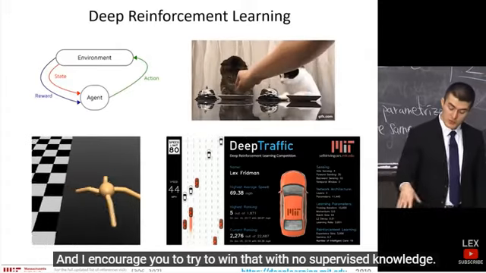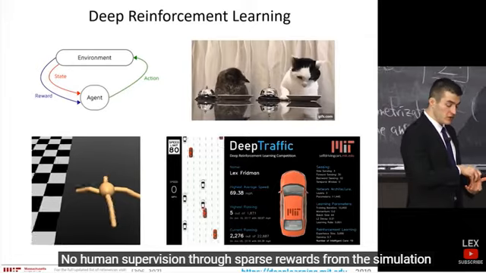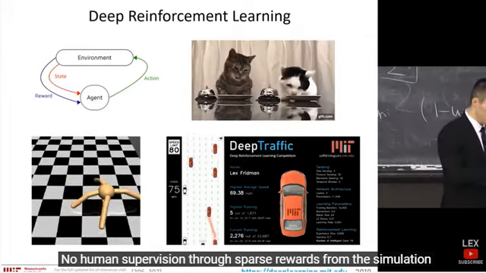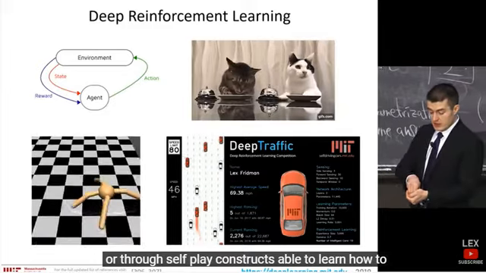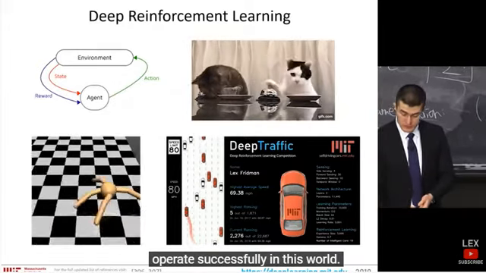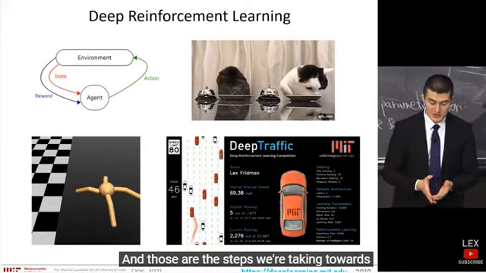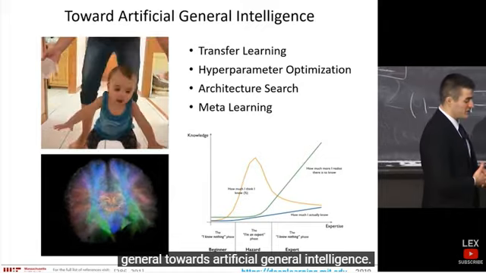With no supervised knowledge, no human supervision, through sparse rewards from the simulation or through self-play constructs, it is able to learn how to operate successfully in this world. And those are the steps we're taking towards artificial general intelligence.